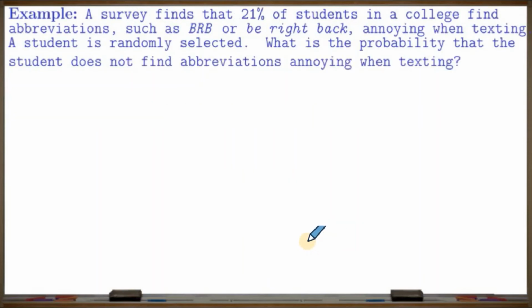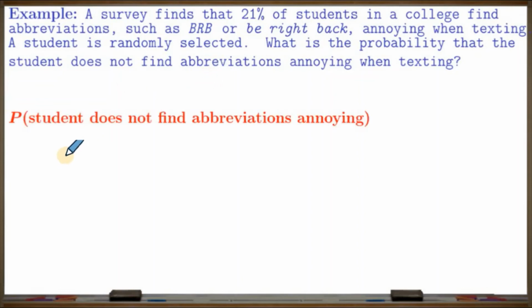Now let's look at this example. A survey finds that 21% of students in a college find abbreviations such as BRB or Be Right Back annoying when texting. A student is randomly selected. Here we have to find the probability that the student does not find abbreviations annoying when texting.